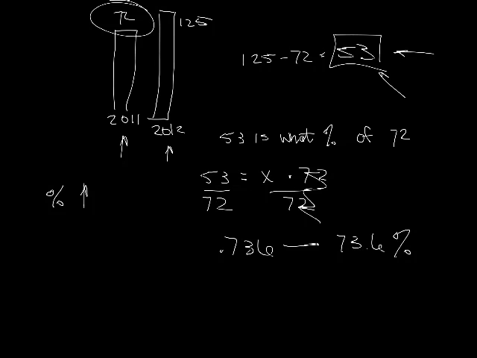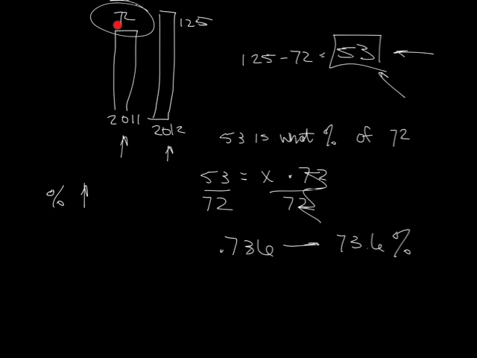So one of the things that this brings to mind is that when you're doing these story problems, you're always looking at the current amount or the lower amount and comparing it to the higher amount, or the current amount to the lower amount if you're going backwards. But anyway, there's always a number that you're going to start with. And in this case, it was the 72 because we wanted to see the increase the next year.